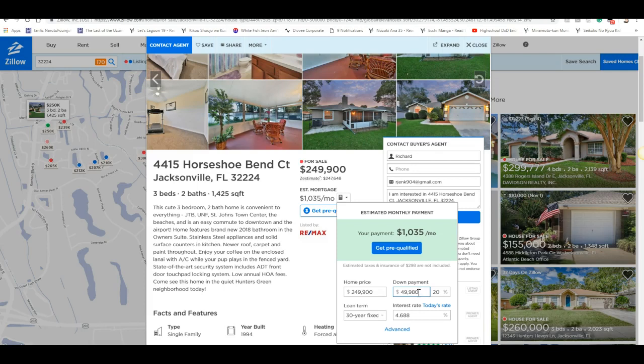When you start making that pretty decent money, that $4,000 to $6,000 a month, you can say you put $15,000 down on the house. That'll make your mortgage $1,365 for a 30-year fixed mortgage, or you can do a 15-year fixed mortgage at $1,886.